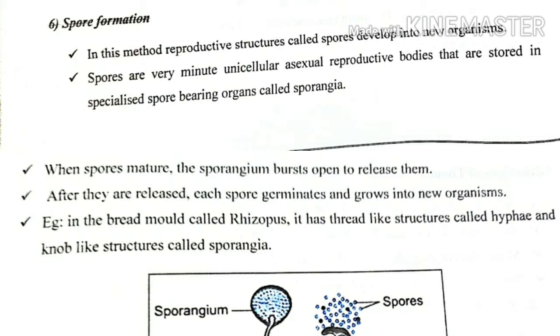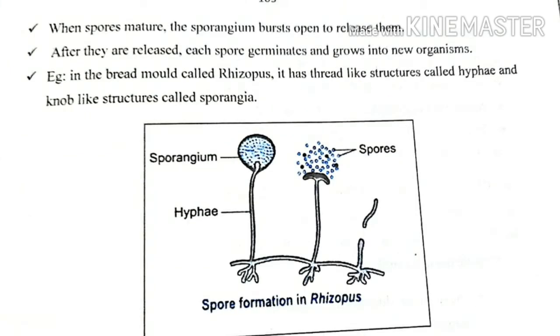Now, spores are very minute unicellular asexual reproductive bodies that are stored in specialized spore-bearing organs known as sporangia. So you should understand that the spores are the reproductive units in those organisms, and these spores are kept very tightly intact in a body known as the sporangium.